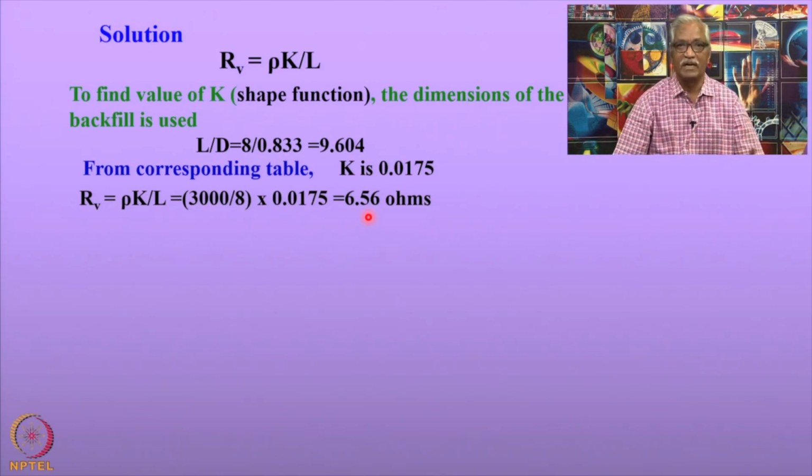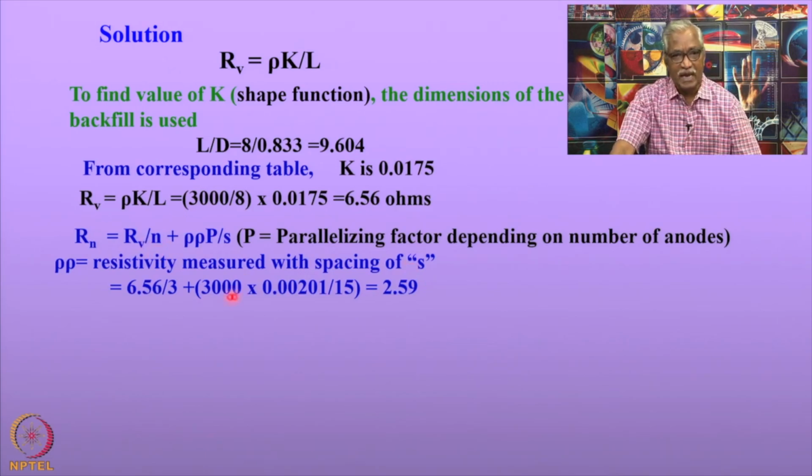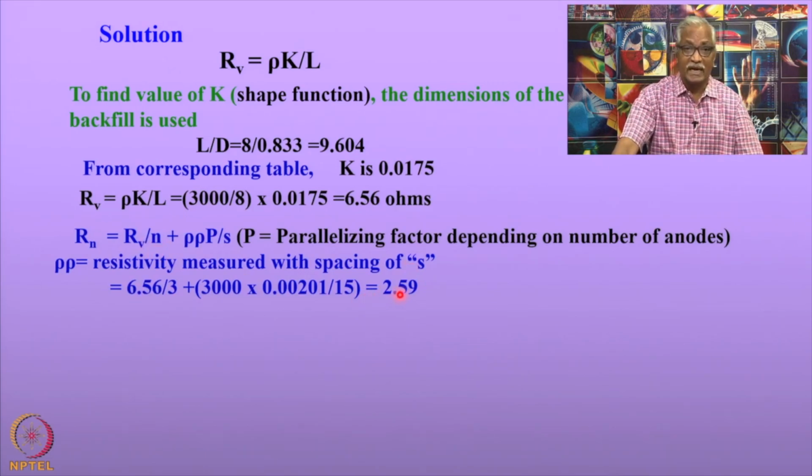The ground bed consists of multiple anodes, and so we use this equation, which gives the resistance offered by the multiple anodes. P represents the paralleling factor, which depends upon the number of anodes, and this can be obtained from the standard tables, and you can substitute these values in this equation. You will get about 2.59 ohms for the 3 anodes.